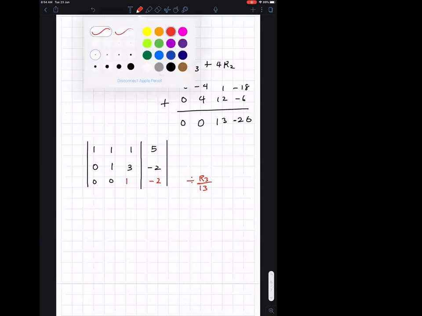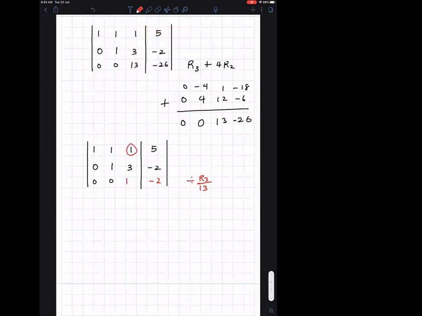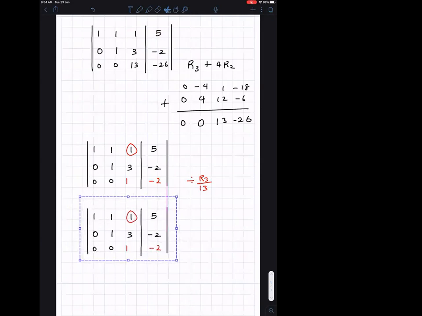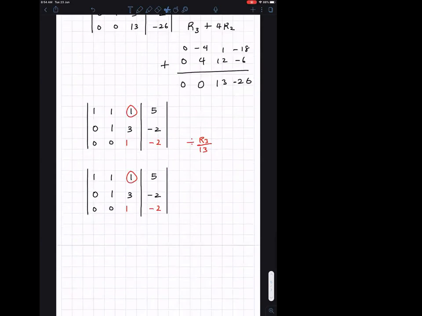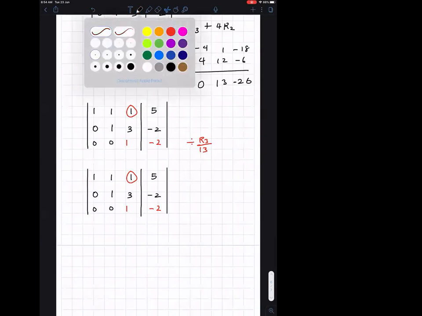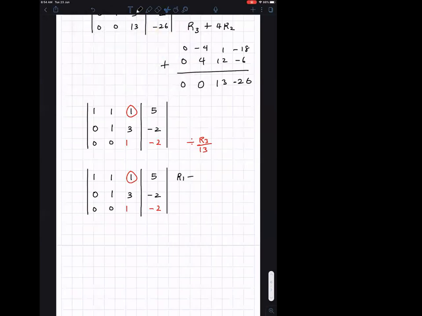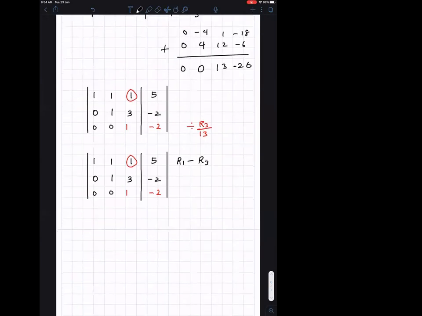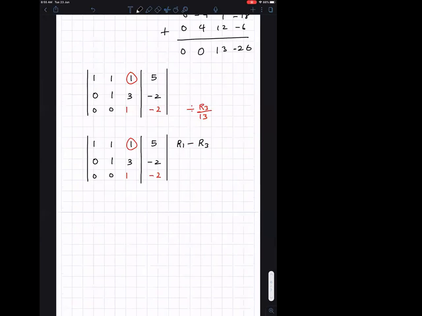So next, you can try to make this go to 0. I can easily make this go to 0 by doing R1 minus R3. That's one of the reasons for dividing the row by 13.